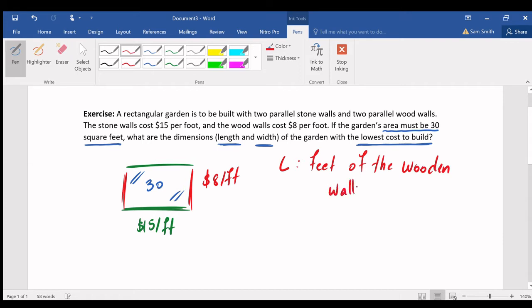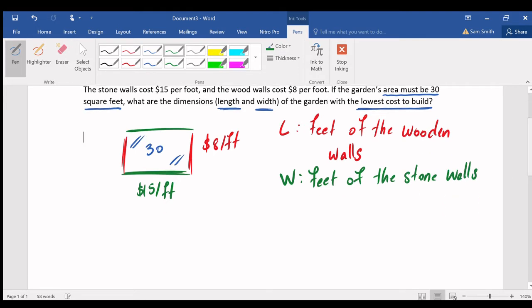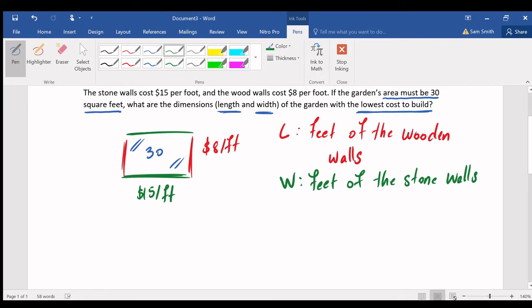And let me call W the feet, the length of the stone walls. Let me just get some nicknames for these quantities. Now I'm going to try to use the unknowns L and W as I construct equations that represent my two requirements, my two objectives as I'm building this garden.